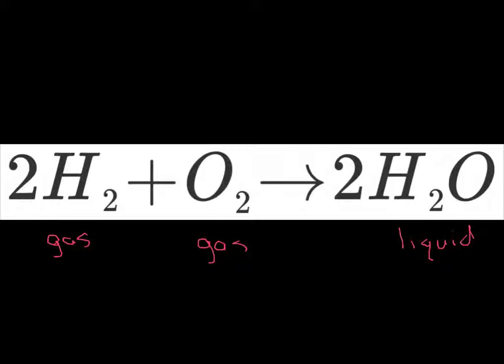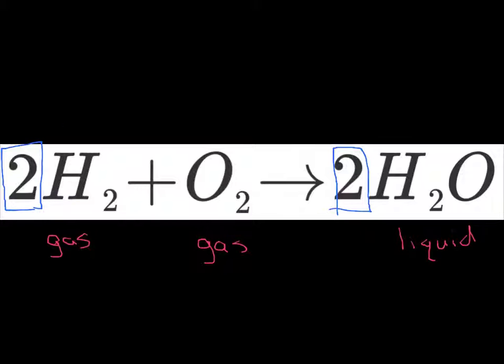Once again, our chemical formulas tell us everything we need to know. We know we have hydrogen, which is right here. That hydrogen has 2 atoms per molecule. We have oxygen, which is 2 atoms per molecule. And we have water, which is 2 hydrogens and 1 oxygen per molecule. These bigger numbers in front of the molecule are known as coefficients.